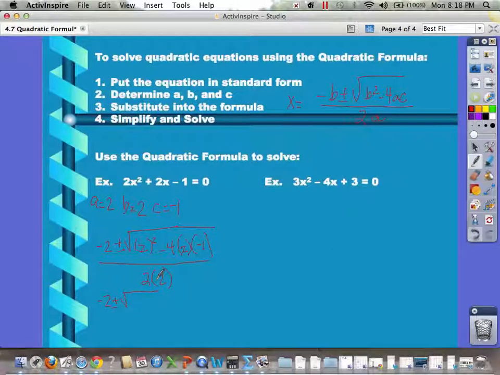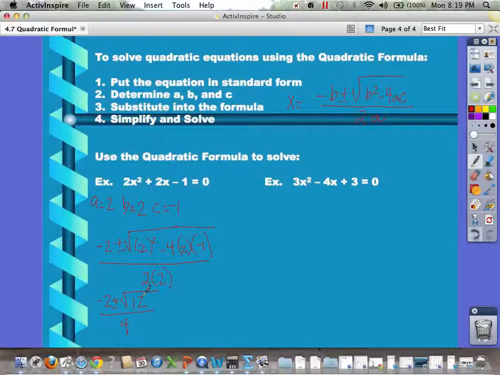If I put in 2 squared minus 4 times 2 times a negative 1, I'm going to get 12. So that is the square root of 12 all over 2 times 2, which is 4.